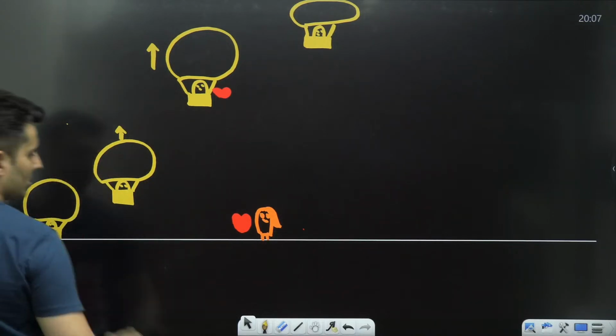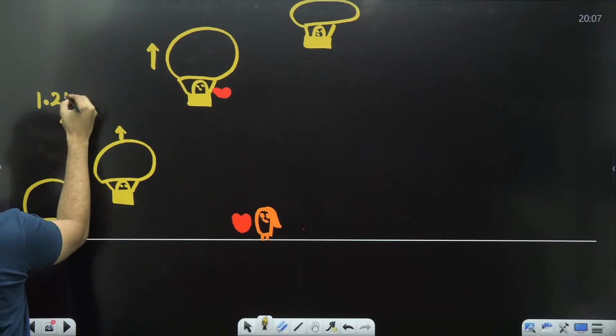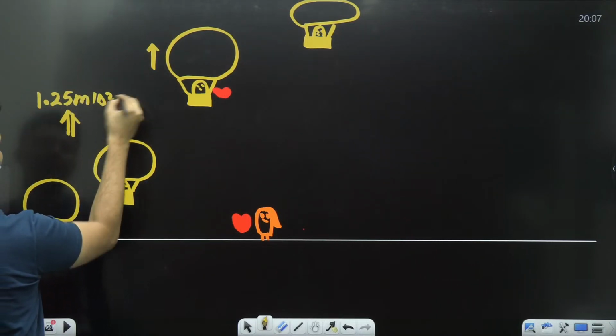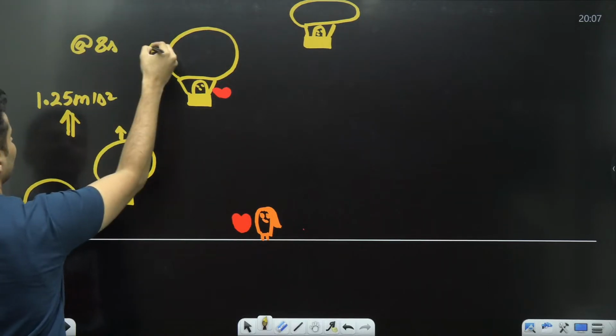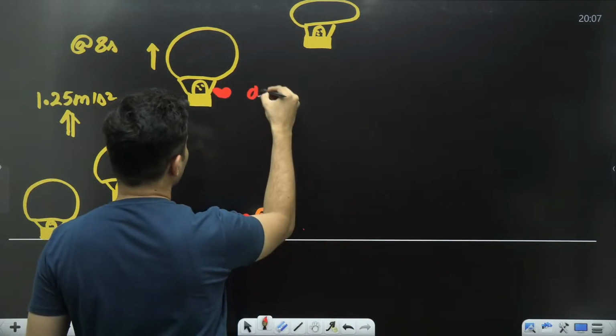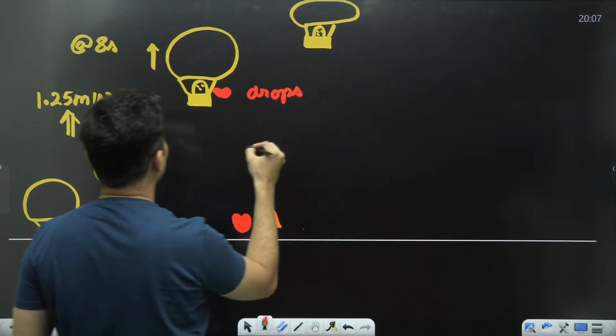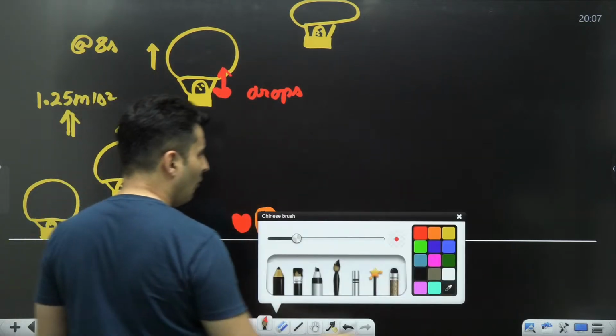So realize this, he is going upwards with an acceleration of 1.25 meters per second square, and this is exactly at 8 seconds that he drops this particular stone. Even that stone has that same velocity. How much is that velocity?